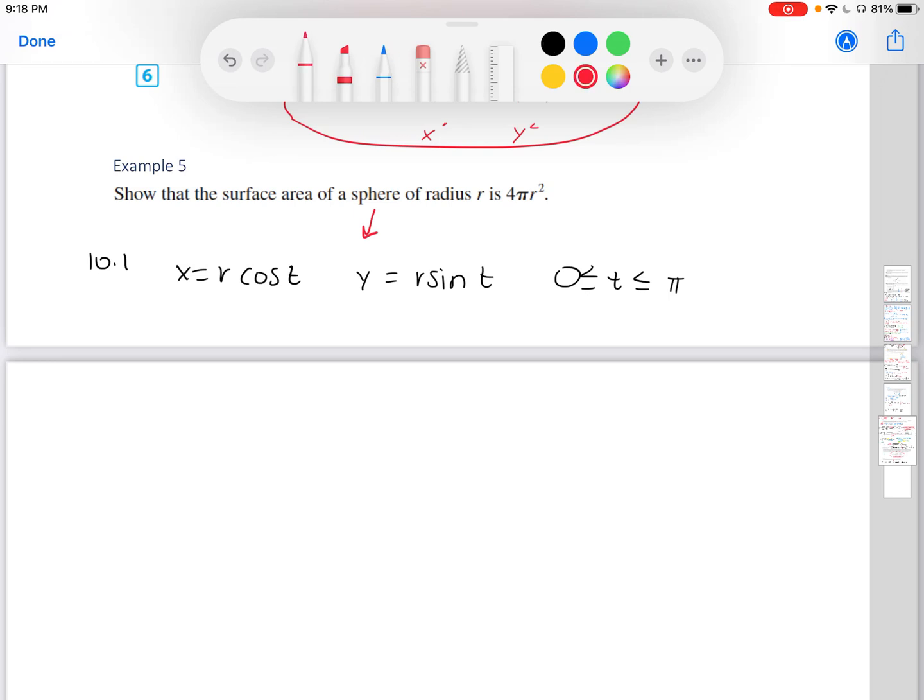All right, let's go ahead and set up our formula. So we have s is equal to our integral, which will go from pi to 0.